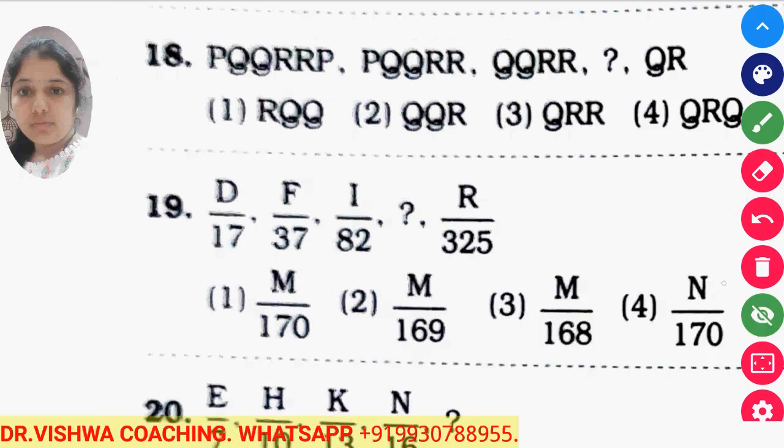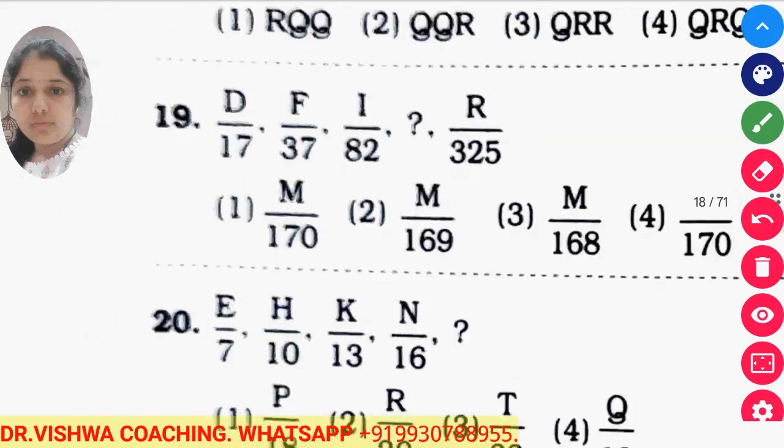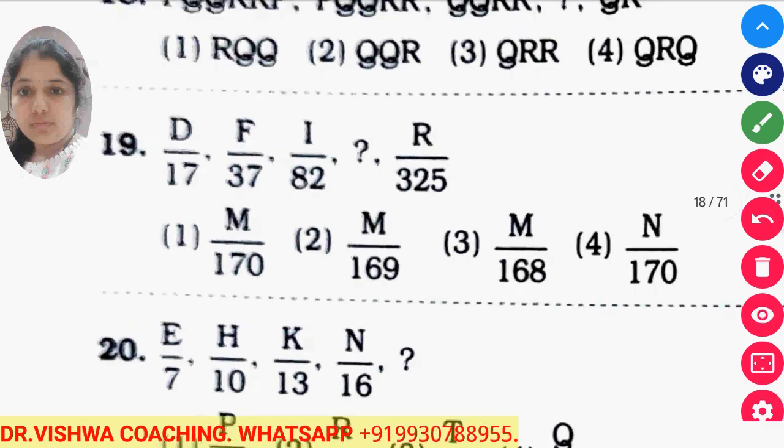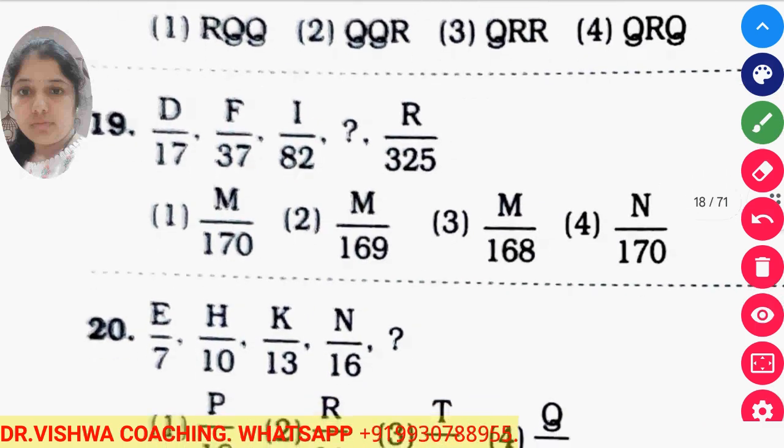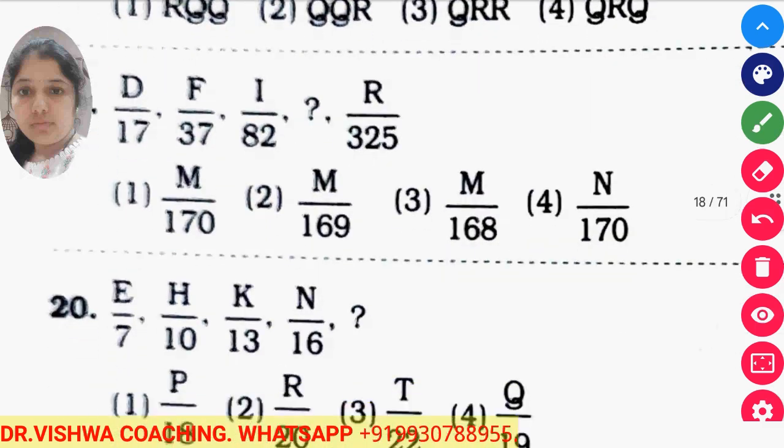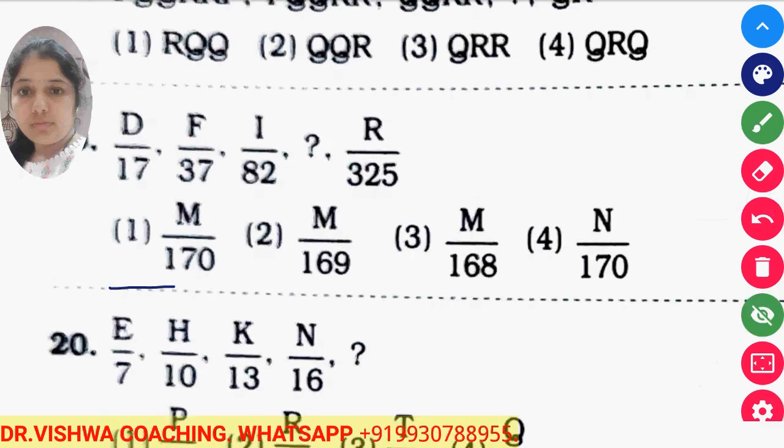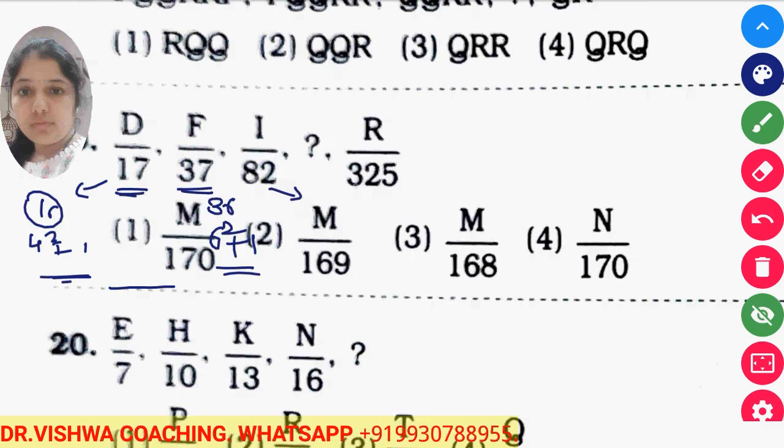Now in the next one, now see. If you look carefully for this question, you can find that 17 is near to 16, which is the square of 4, and 1 is added to the square of 4. 37 is near to 36, which is the square of 6, and 1 again added here. 82 is near to the square of 9 and 1 is added here.